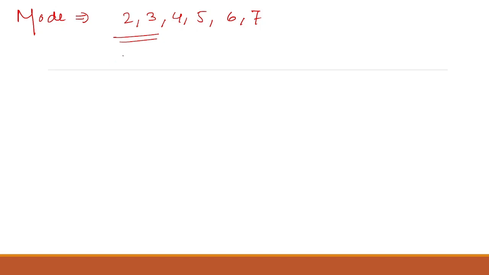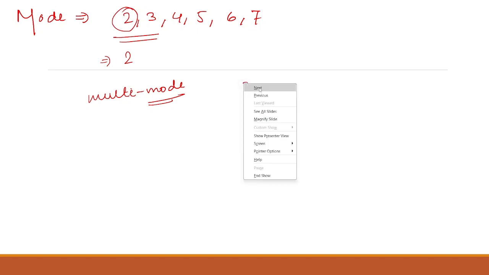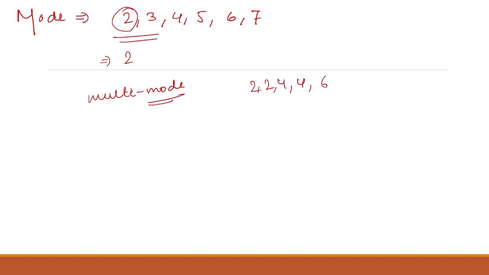But in Python, it would always return the first value that is there, that is here 2. For this, we can use one Python function called multimode that we will see after some time. Multimode, where whatever the repetition, maybe the numbers are 2, 4, 4, suppose like this 6, 8, 10. For here the repetitions it would show like this.